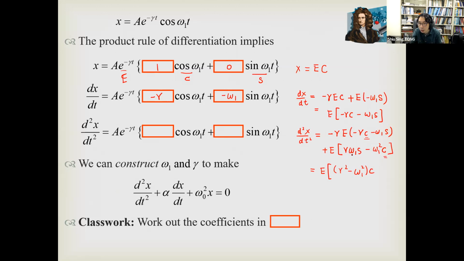And I have another gamma omega 1 here. So I now have 2 gamma omega 1 that goes with the sine. Is that right? So I now have the coefficients. For the cosine term, I have this coefficient, gamma square minus omega 1 square. And for the sine term, I have this coefficient, 2 gamma omega 1.